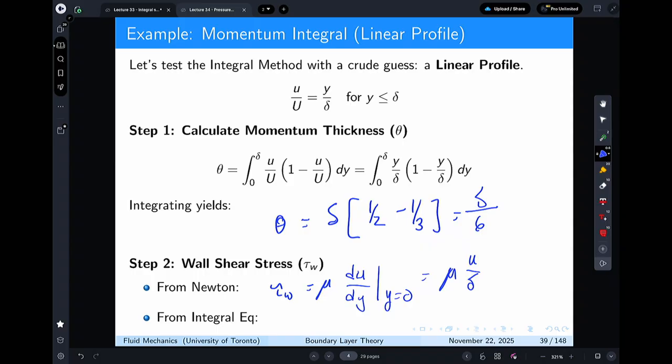Again, that goes all the way back to chapter 1, and you've seen this before. For an integral equation, you end up with rho u infinity squared d delta/dx.